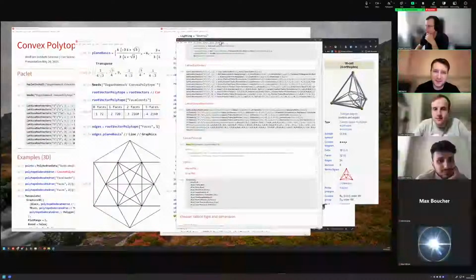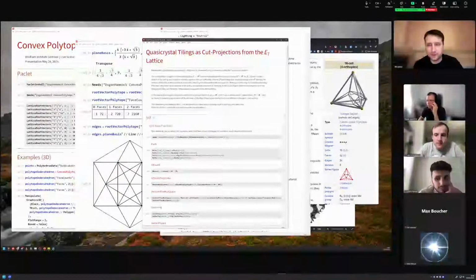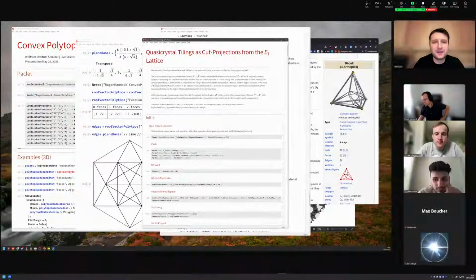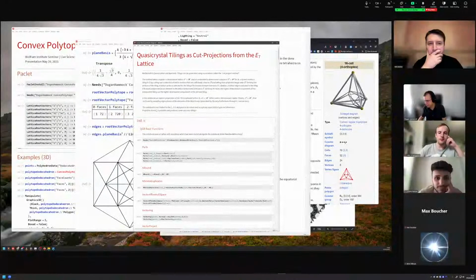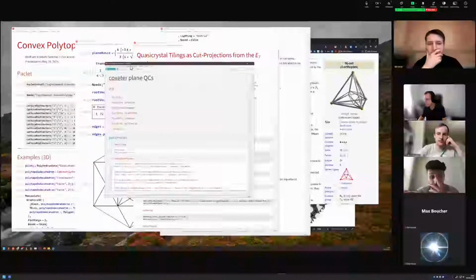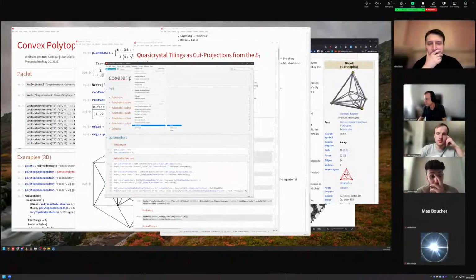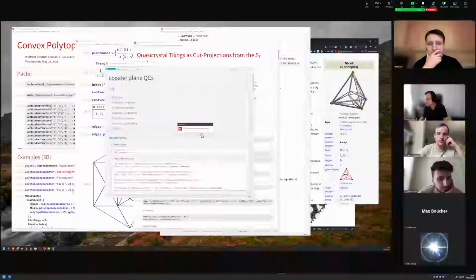Is this one in the repository? This one is not. Quasicrystals. I think I have a different version. Let me try this one.